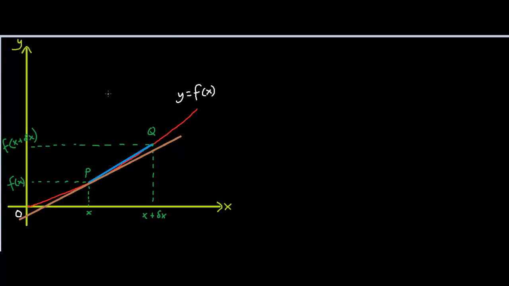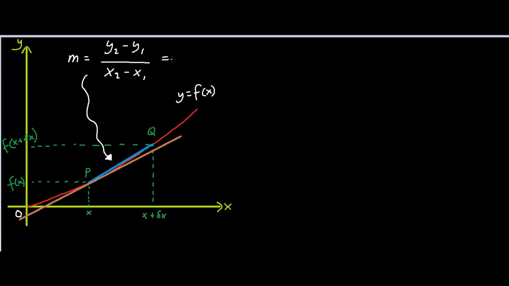Now, let's talk about gradients for one moment. What equation would we use to find the gradient of this chord right here? Well, we usually say that m equals y2 minus y1 over x2 minus x1.